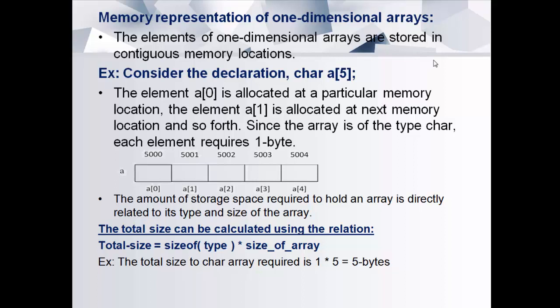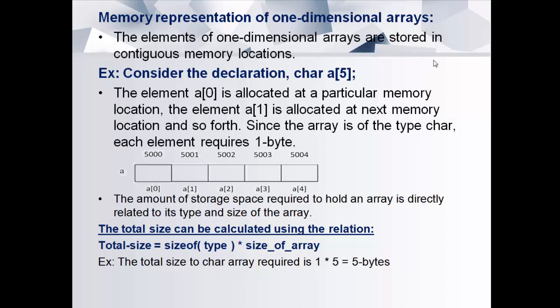Since the array is of the type char, each element requires 1 byte. Here the array A is of data type char with a size of 5, so we can insert a maximum of 5 values. That is, 0 to 4 are the locations of the array elements.